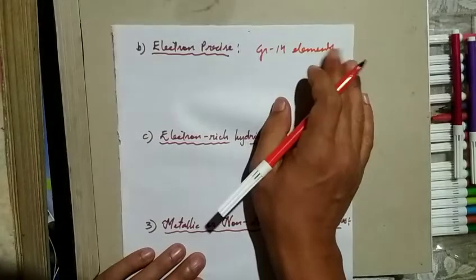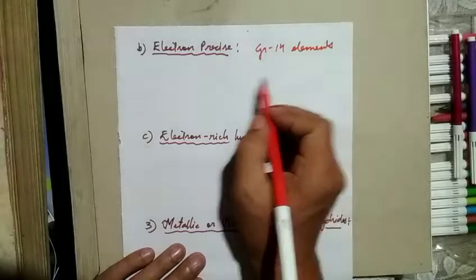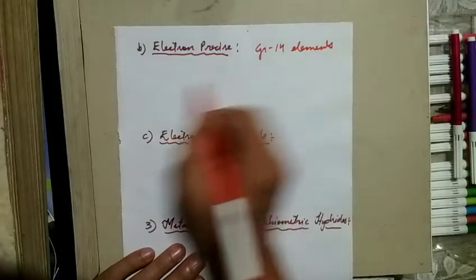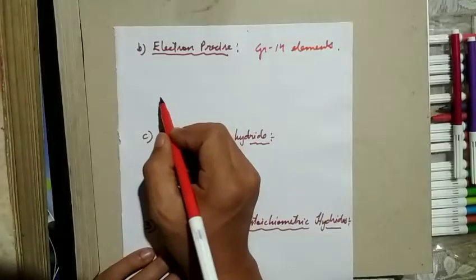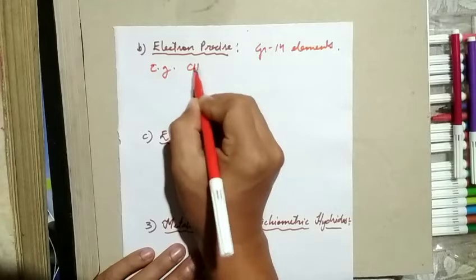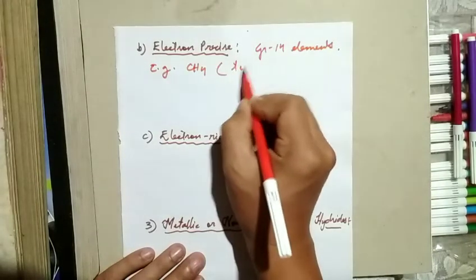So group 14 forms these electron precise hydrides. Example is CH4. Usually they are tetrahedral.